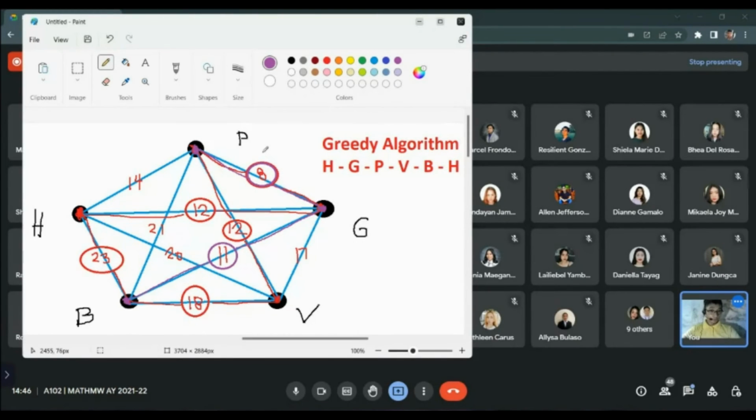Do I have to highlight pa? Or you can just observe our graph? Again, let me ask, into which location would give us the shortest driving time from either post office or the grocery store?